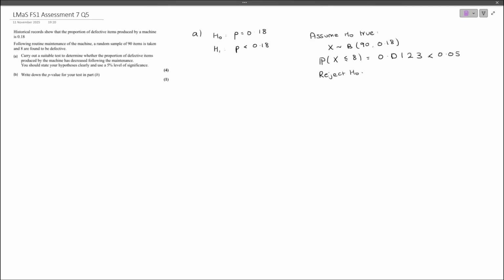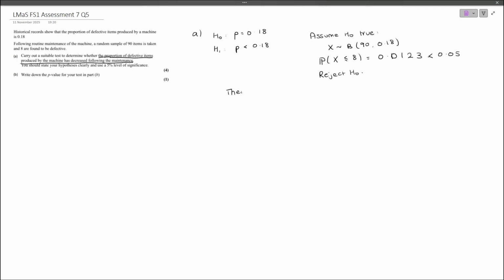I do need to write my conclusion in context, and I was testing whether the proportion of defective items produced by the machine has decreased following the maintenance. So my conclusion is going to include all of those words.